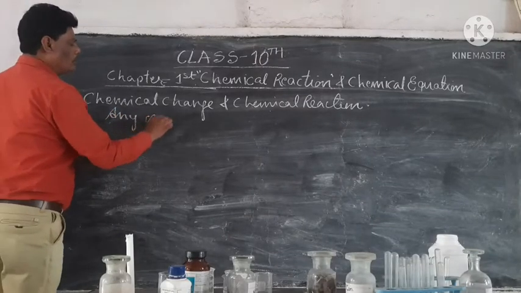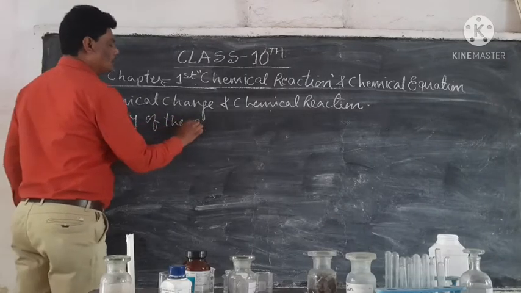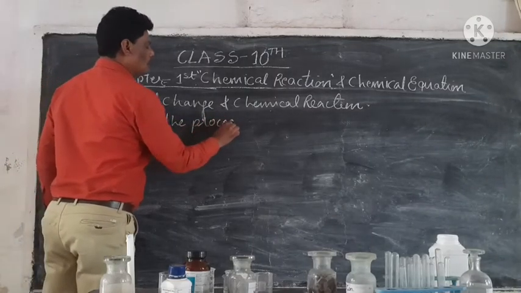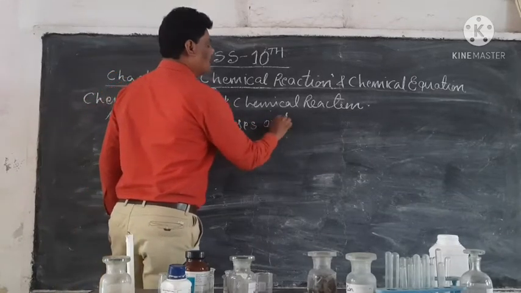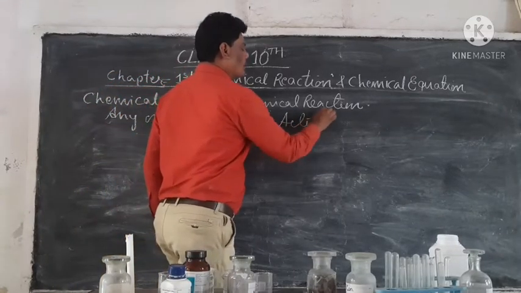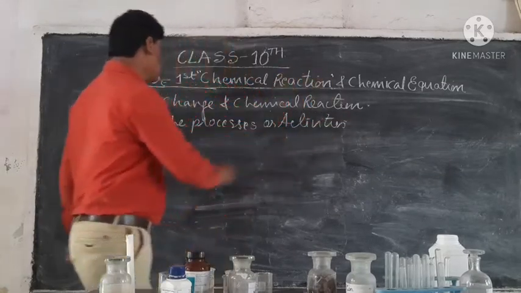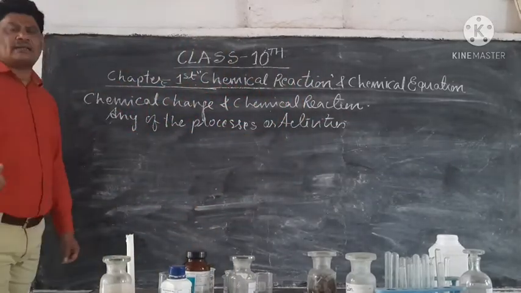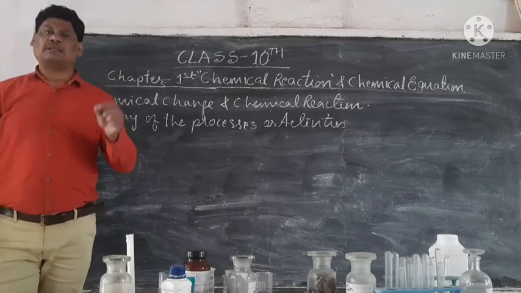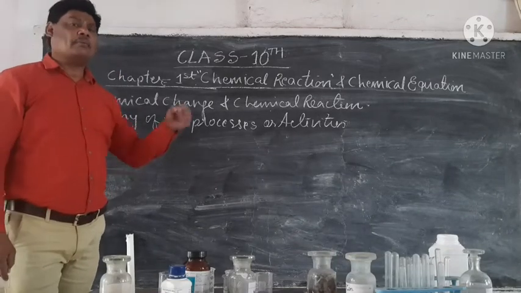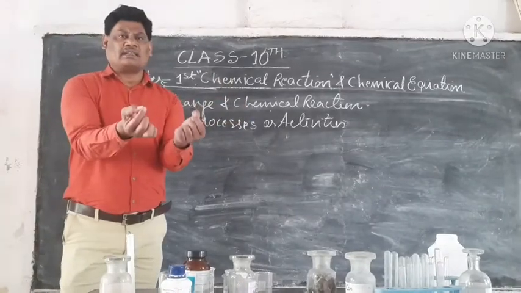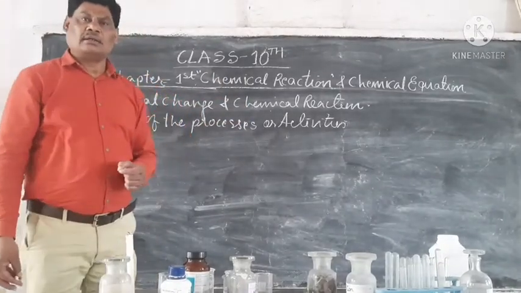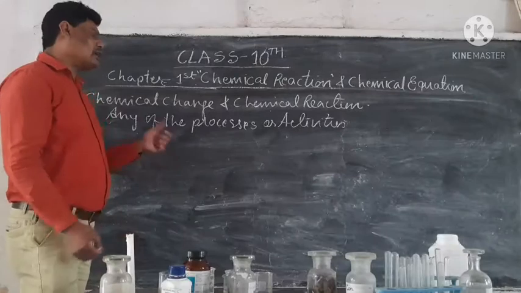Any of the processes or activities. Now any of the processes or activities means heating of any substance, burning of any substance, mixing two substances with each other, such activities are processes.